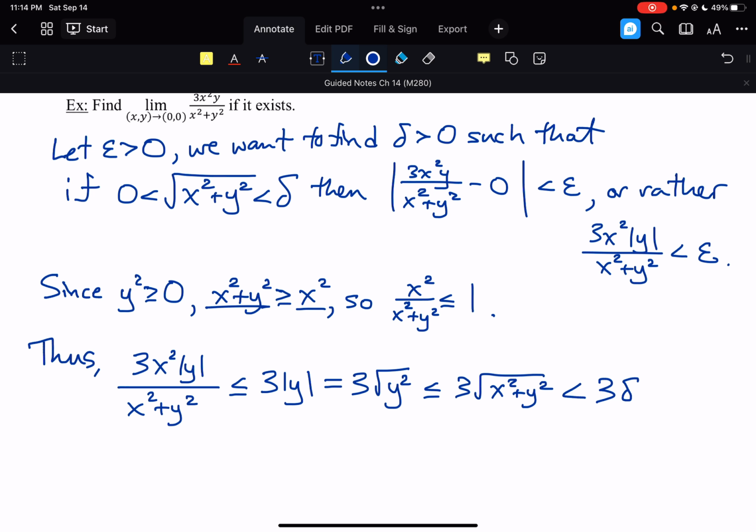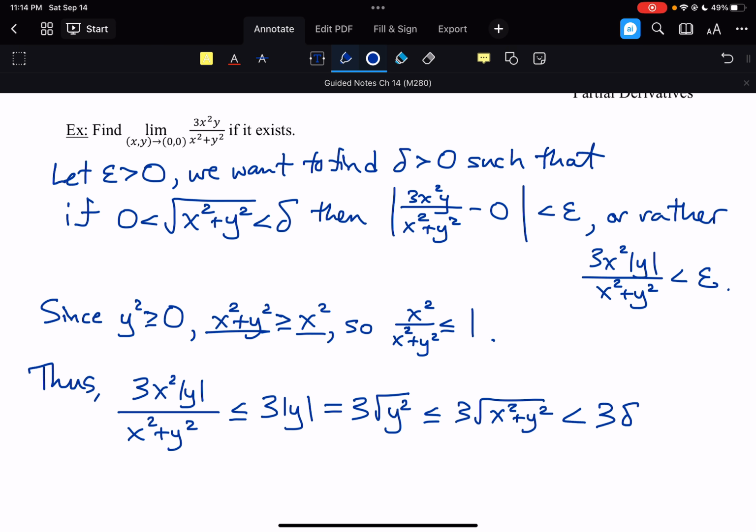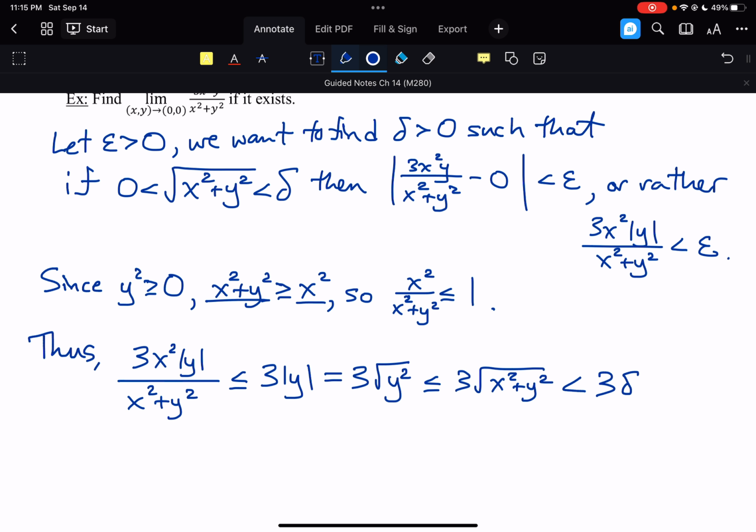Now, the goal here is we're trying to find a delta such that this relationship holds for any epsilon greater than 0. And what I talked about earlier was this idea that we don't want to go one by one. I don't want to pick for this epsilon, it's this delta, for this epsilon, it's this delta. I want to come up with a rule or a relationship that will make this work.